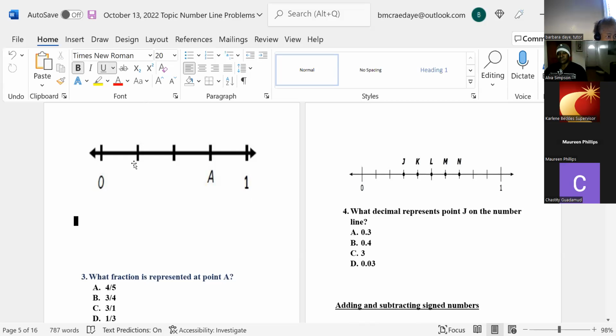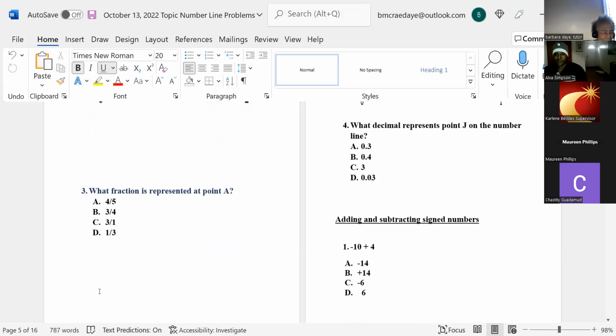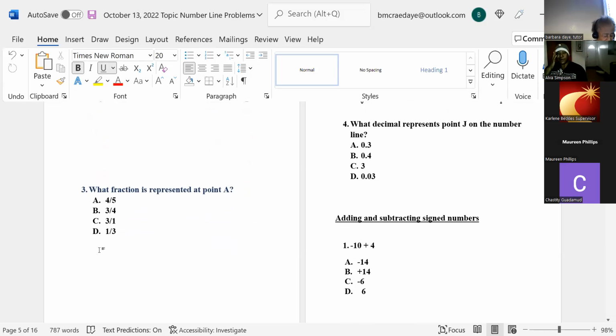These marks tell you what the fraction is. If you have 3 between 0 and 1, then you are in fourths. 1/4, 2/4, 3/4, 4/4. 3 over 4. That's right. So what's the answer, Michelle? B, 3 over 4. Very good.